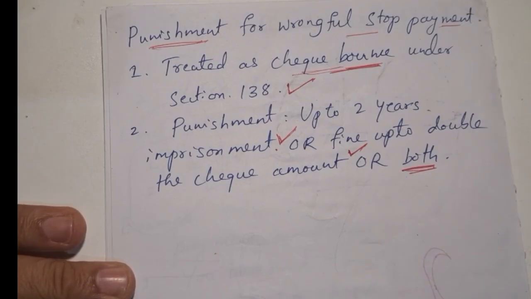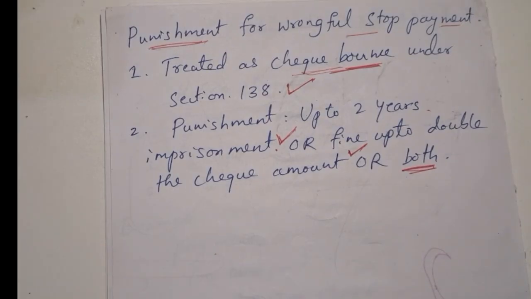So friends, now we will quickly recap what we have discussed. So what is stop payment? You tell the bank not to clear the check by giving instructions to the bank. And if the check was issued for a real debt, then definitely this is going to be an offense under section 138. So always make sure that if the check you have given is under any liability, then please clear it at that moment and at that stage itself.